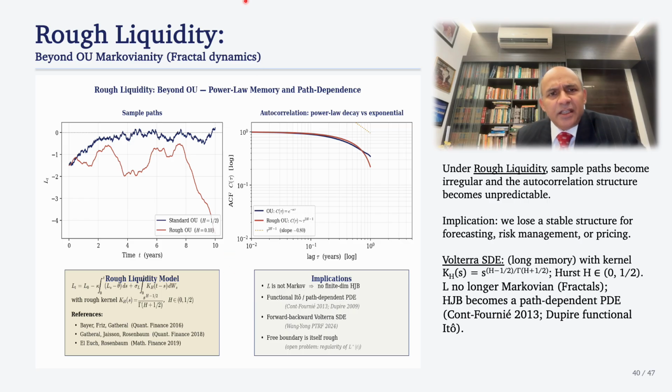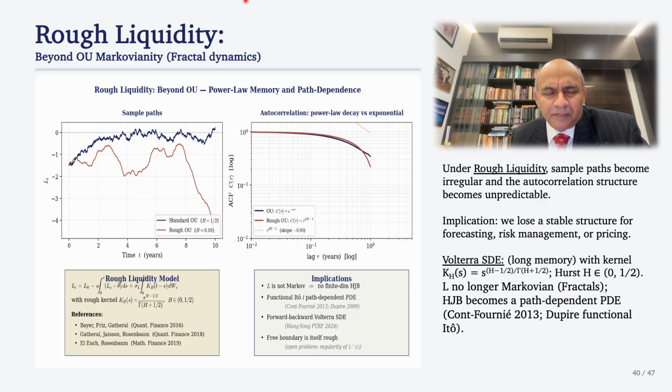Now, rough liquidity beyond OU Markovianity. Empirical volatility is rough, as shown by Gatheral, Jaisson, Rosenbaum, 2018. The log volatility increments exhibit a Hurst exponent of approximately 0.1, far below 0.5. The same diagnostic applied to secondary market spread series gives a Hurst of approximately 0.15.